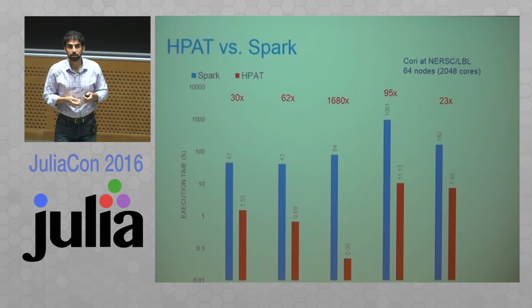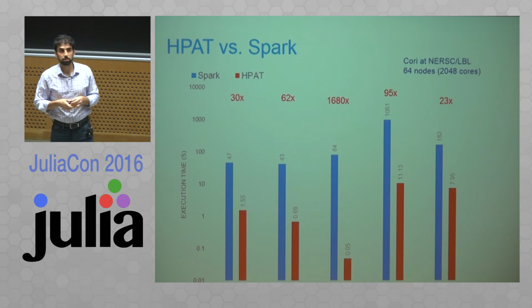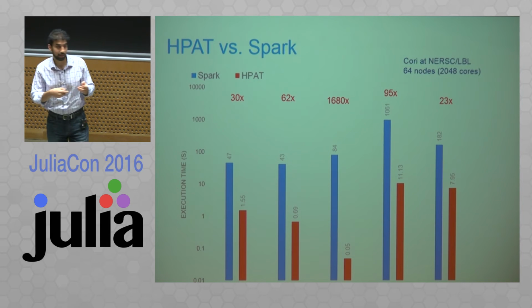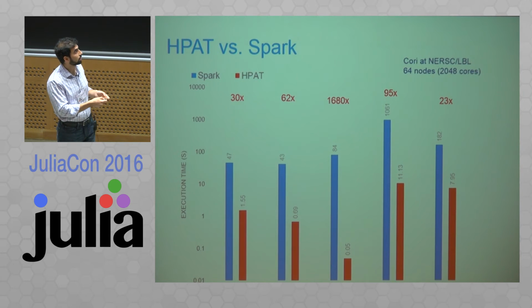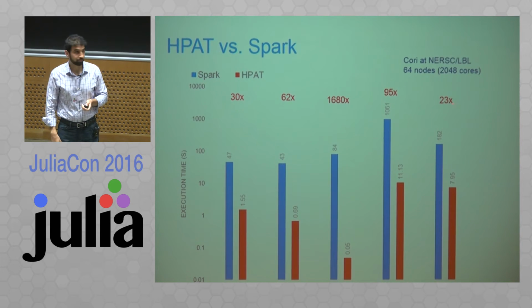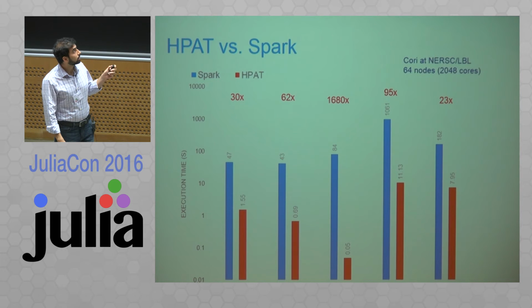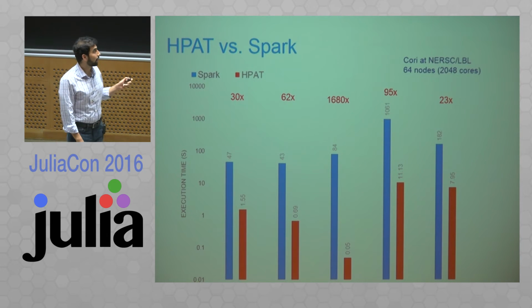Looking at the results, we benchmarked this on some local servers, as well as this supercomputer, Cori supercomputer at Lawrence Berkeley National Laboratory in California. So these blue lines are Spark, red lines are HPAT. We have speed ups from 23 times on up to this 1600 crazy speed up.